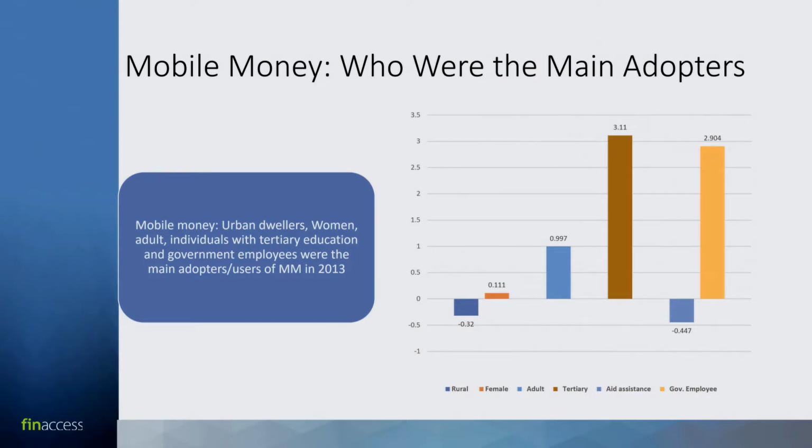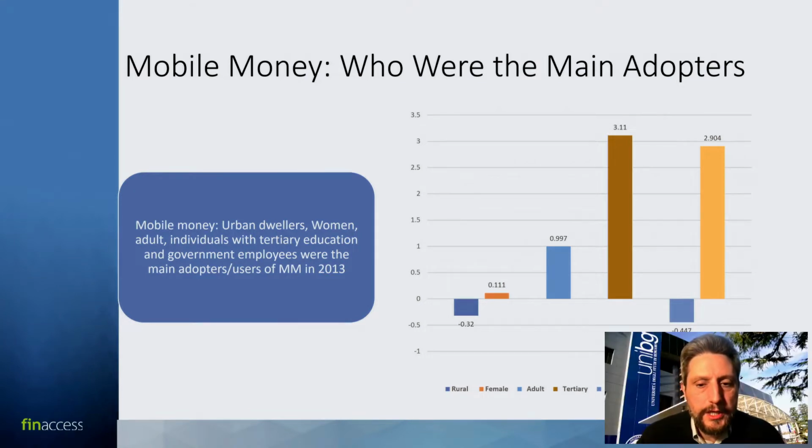The adults versus junior youth. Again, individuals with tertiary education versus individuals that are uneducated or with a lower level of education, and then government employees. So what you see is that there are still three major characteristics that also explain the probability of adopting mobile money.